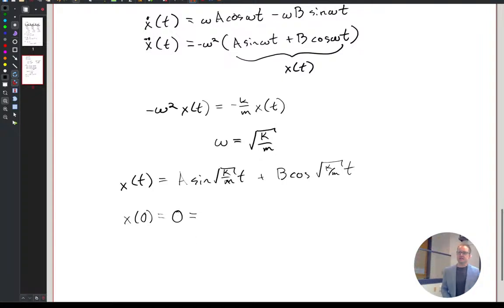If I plug in zeros into my x of t, what do I have left? What's the sine of 0? 0. Nice. So 0 equals a times 0. Not a great amount of information, but what's cosine of 0? 1. So b is 0. We get no cosine amplitude here.